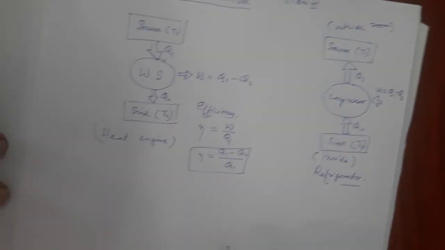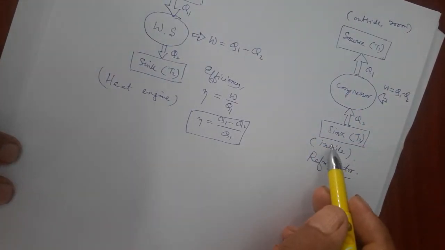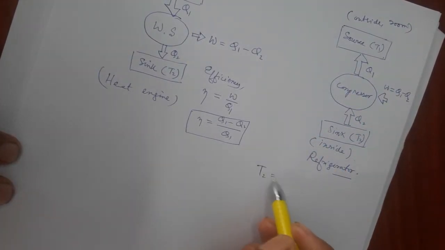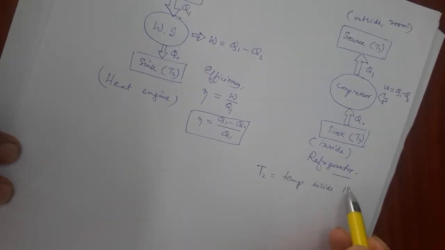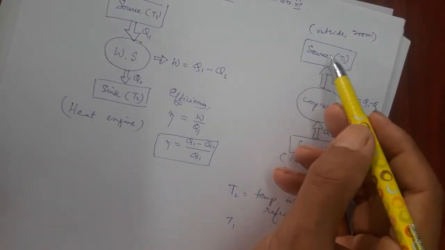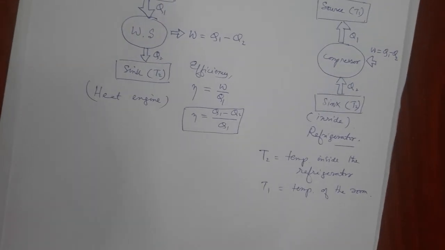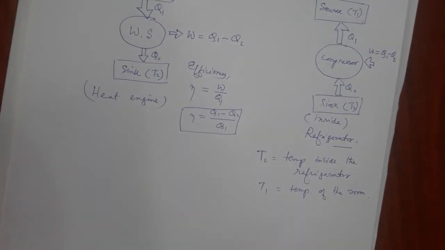So in short, T2 represents temperature inside the refrigerator, and this T1 represents temperature of the room where the refrigerator is kept.